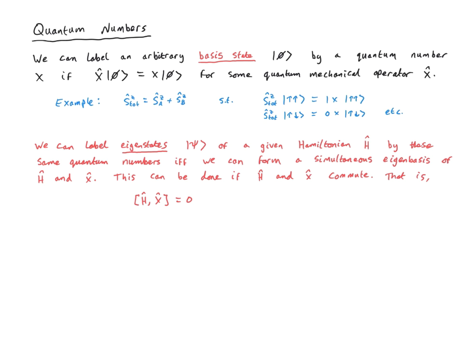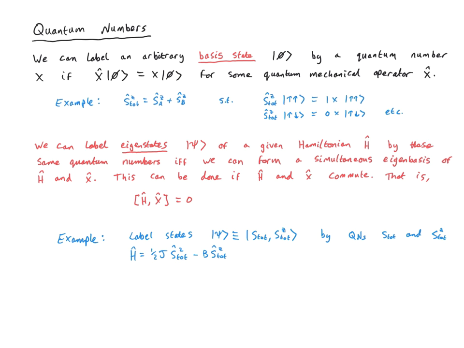This can be done if h and x commute, that is, if the commutator of h with x is equal to 0. Only then are the wave functions that solve the Schrödinger equation for a given Hamiltonian h also eigenstates of our quantum number operator x hat, and therefore only in this case can we label our eigenstates psi by the x quantum number.